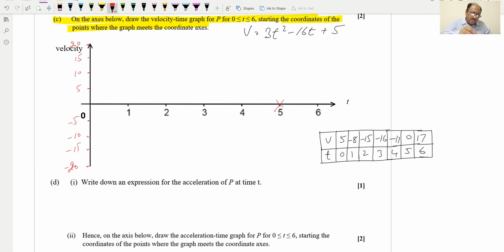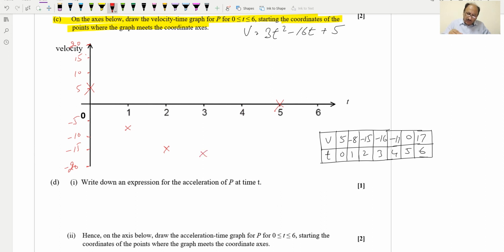So 0 and 5 will be this point, and 1 and minus 8 will be roughly over here, and then 2 and minus 15 will be here, and 3 and minus 16 we can take a little lower than this.